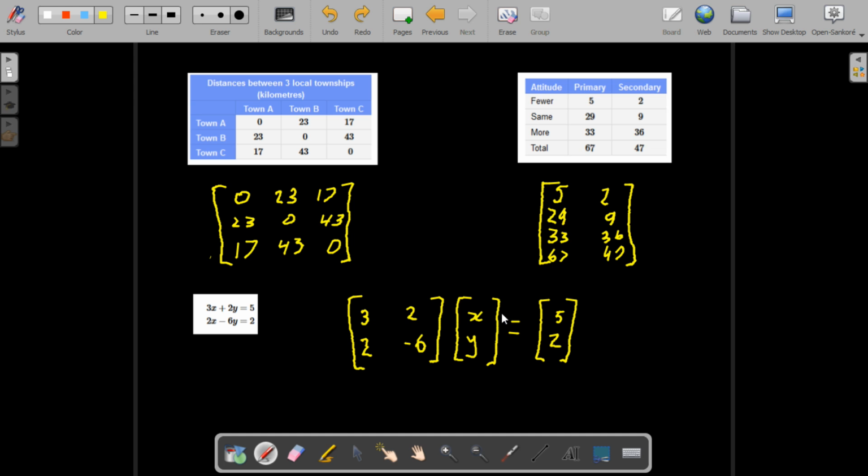We can use matrices to solve for x and y. In a later chapter, we'll look at how to do that. So that's chapter 8.2. In the next video, I'll go through some examples. So thank you.